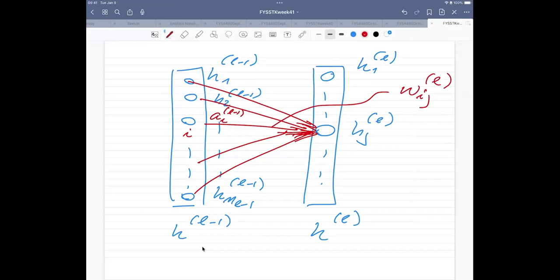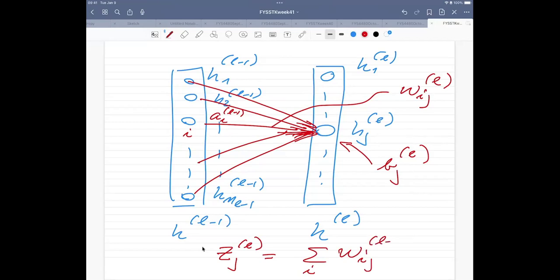Now, each such node has also its own bias, so there's going to be in here a B of J of L. The H's are just the nodes which we have in each layer. Now they receive an input from the previous layer, which is the output from the previous layer. So that means that in here, I'm going to have a set Z of J of L, which is given as a sum over all the nodes which we have in the previous layer, and we have omega I J of L. I'm writing this as an L here.